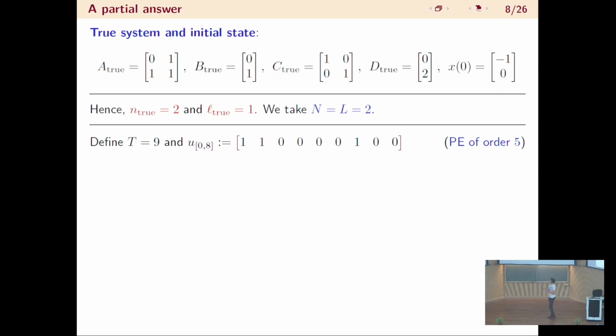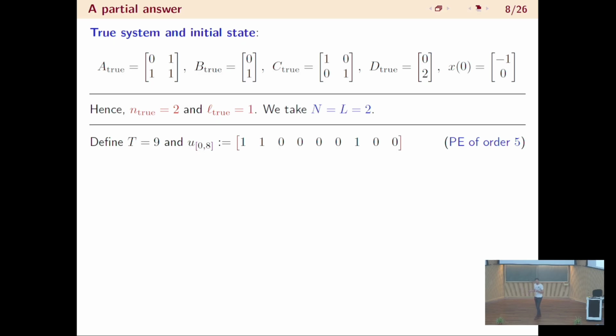Well, in this case, I need to choose T to be 9. U needs to be persistently exciting of order capital N plus capital L plus 1, so 5.